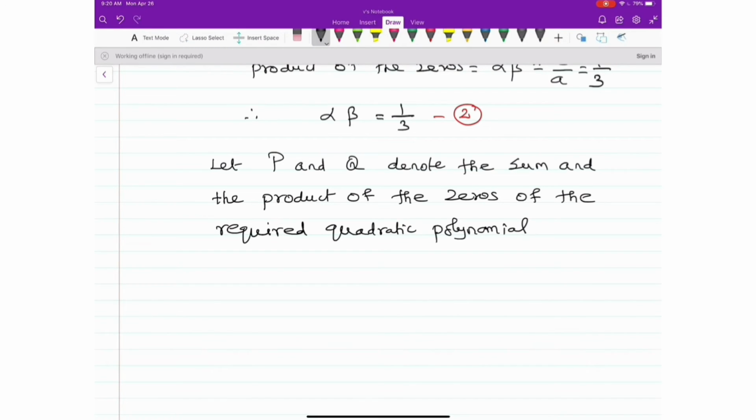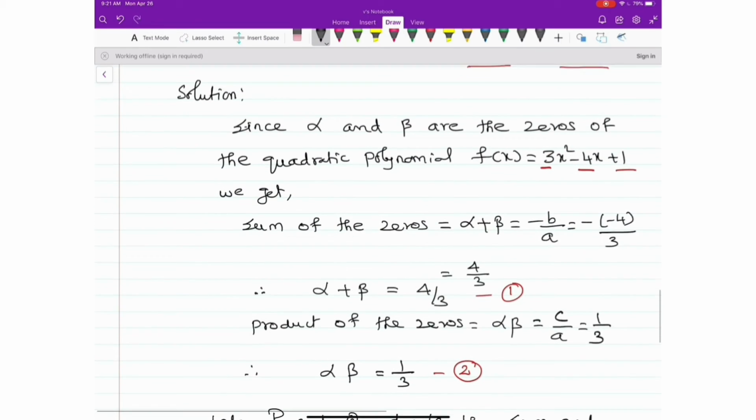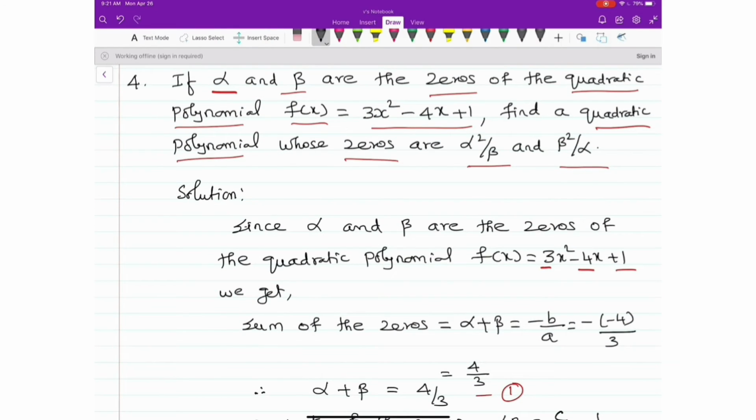So what do you get over here? Therefore, sum of the zeros is equal to P, which is equal to, see here, find a quadratic polynomial whose zeros are alpha square by beta and beta square by alpha.